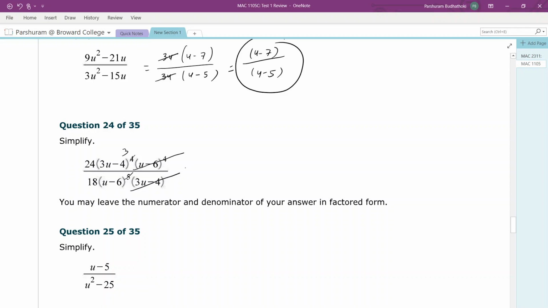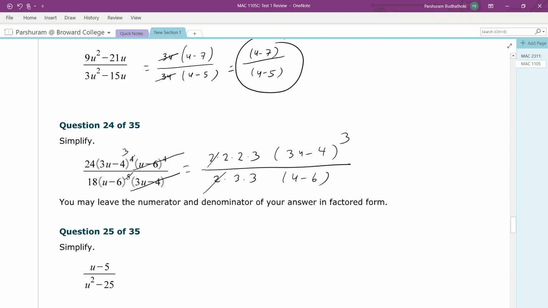And now the leftover is 24 over 18, so we can find the factors of 24, which is 2 times 2 times 2 times 3, and there is a 3u minus 4 cube, and the factors of 18, 2 times 3 times 3, and there is a u minus 6.